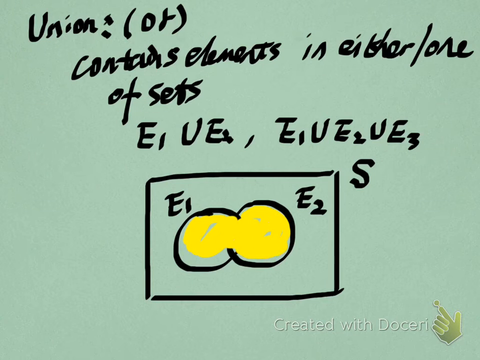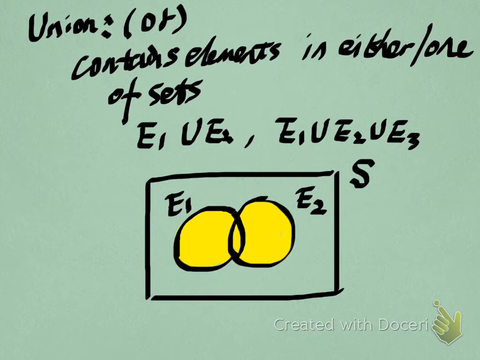So here I also color this part yellow. So this is E1 union E2.